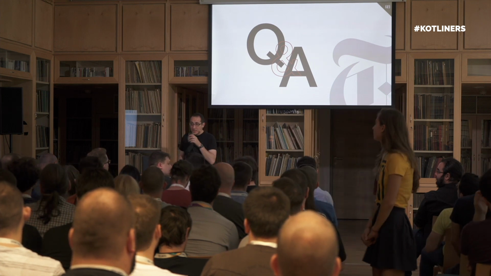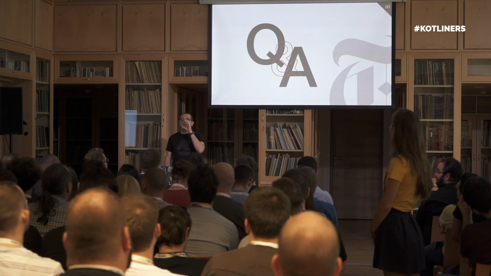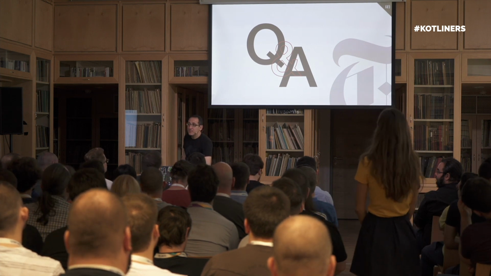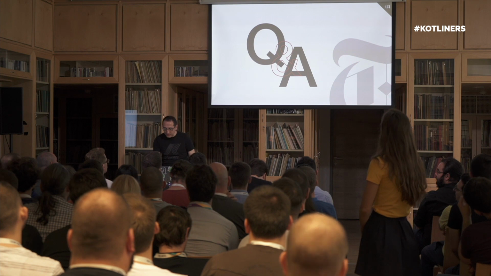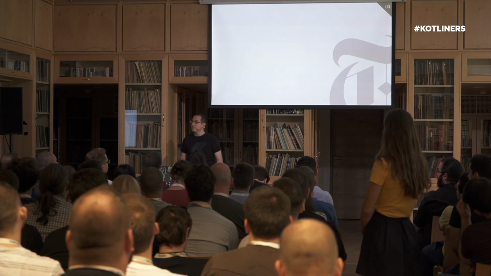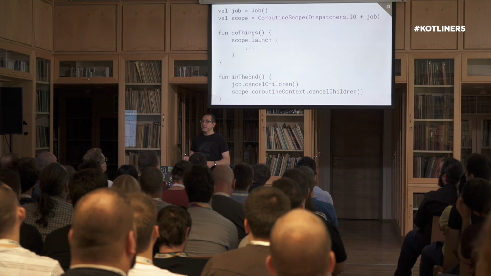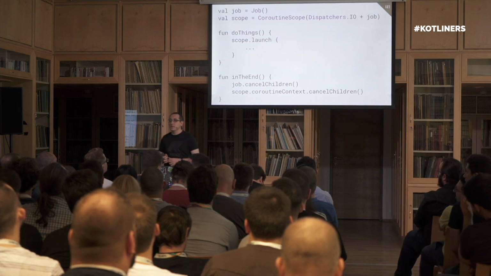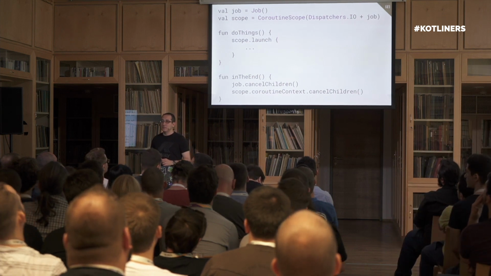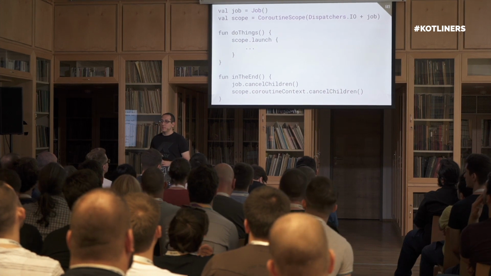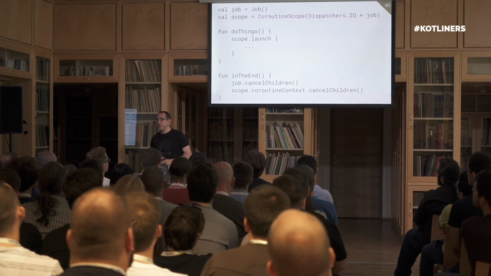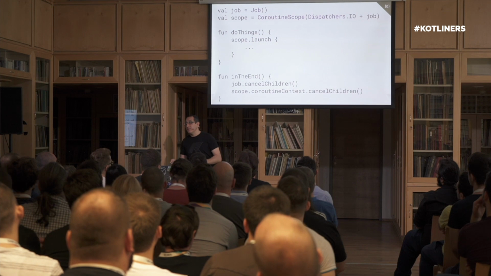Thanks. Hi. In your last example, with the coroutine job, can you put that slide up again? The last example you showed us. Yes, this one. What happens if you call doThings while it's already running? Well, it will cancel the coroutines, well, the children.